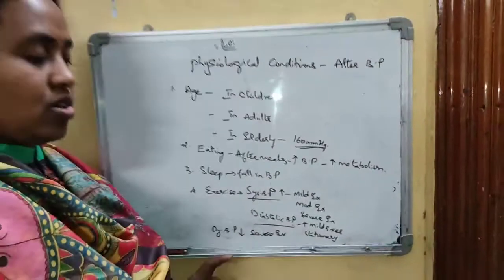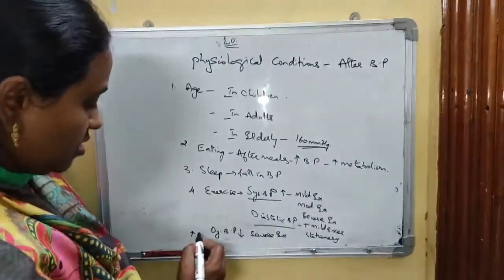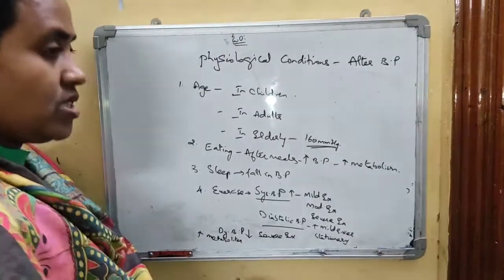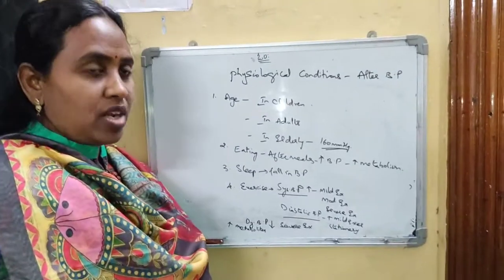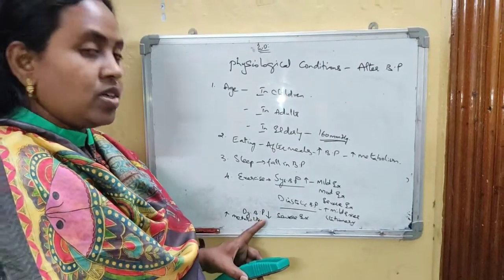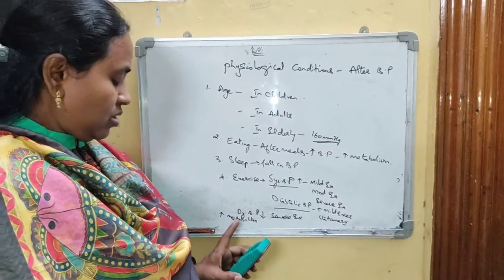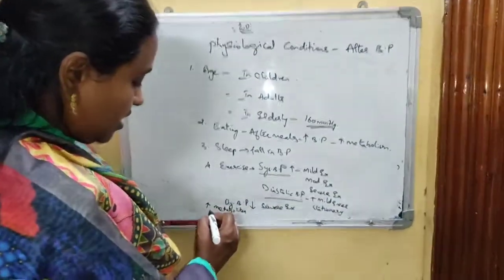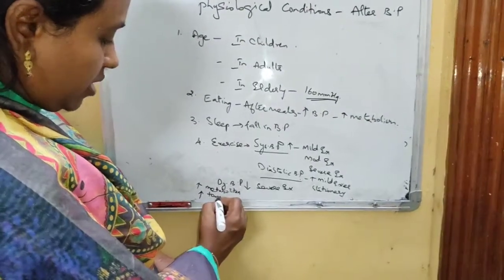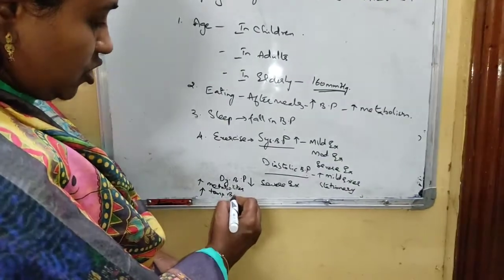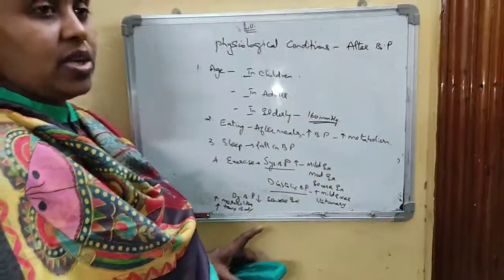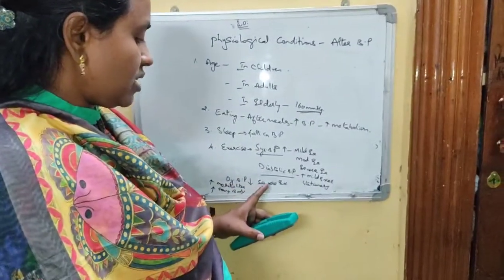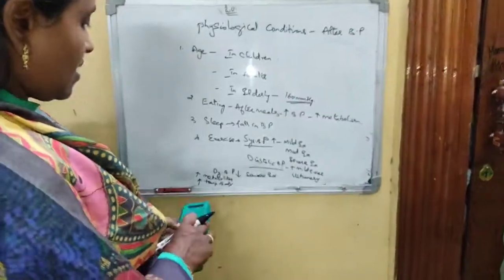In severe exercise, because of increased metabolites, there is accumulation of metabolic byproducts, which causes vasodilatation. Because of this increased metabolites as well as the increase in body temperature, the diastolic blood pressure decreases during severe exercise.